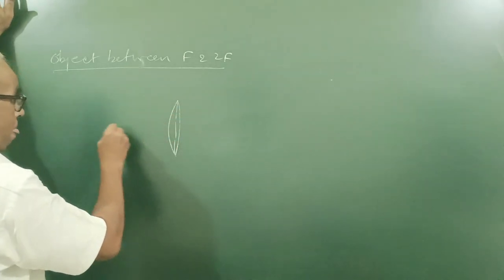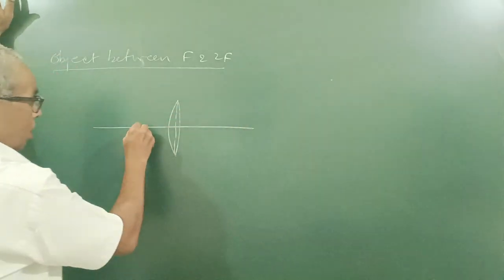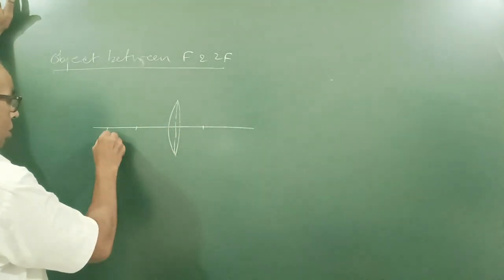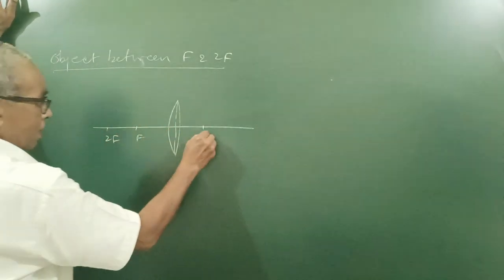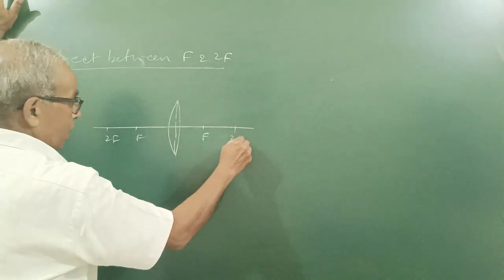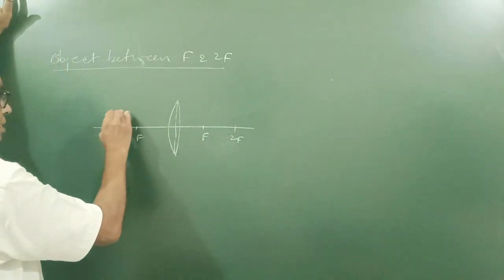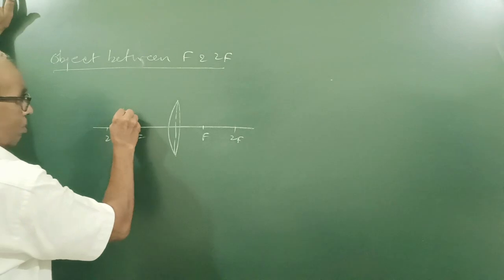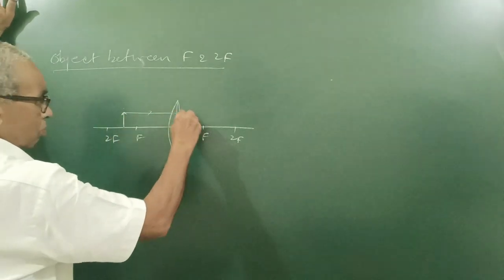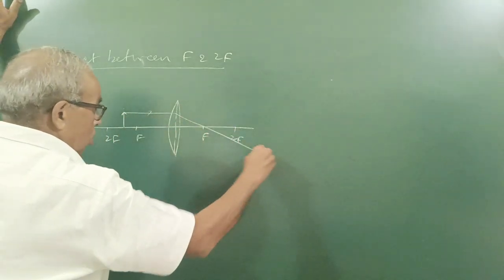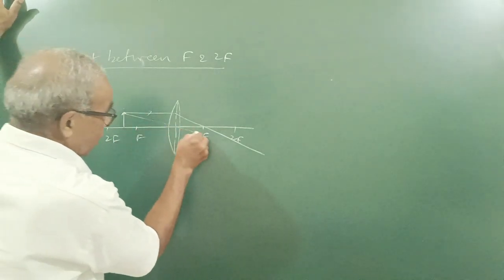Object between f and 2f. It is here. F, 2F. Again, the same rays are taken: parallel through focus, and through the optical center.